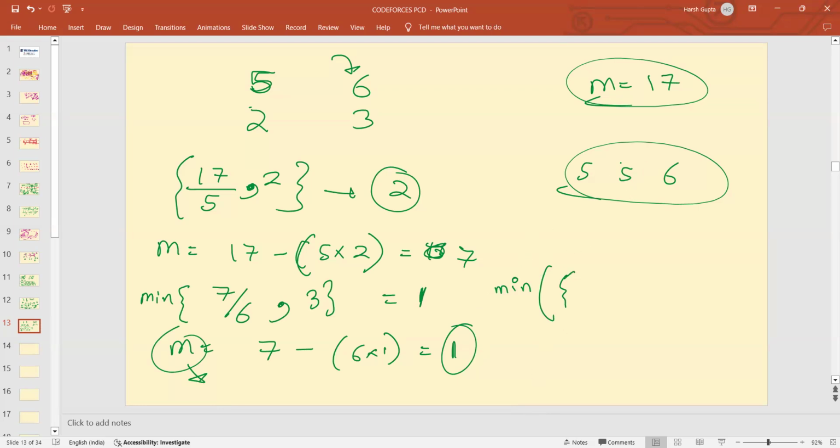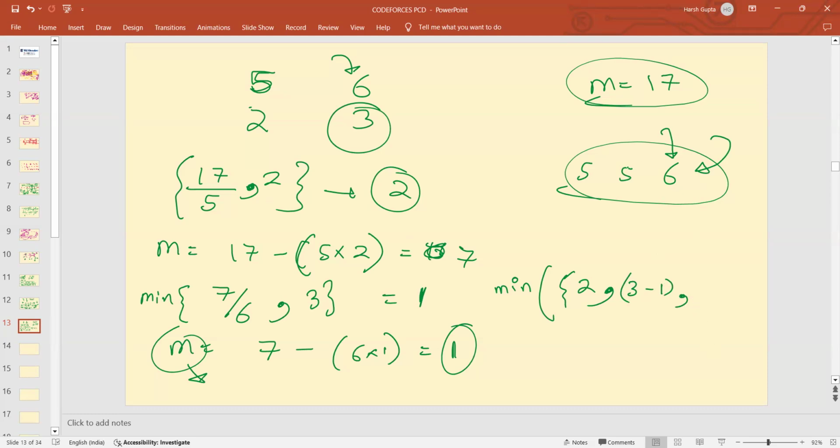So how many I can replace is nothing but the minimum of the number of flowers containing 5 petals I have taken, because they are going to be replaced. So that is 2, comma, the maximum amount of flowers containing 6 petals I have in my store. Earlier I had 3, I already used 1, so what I am left with is 3 minus 1, which equals 2.